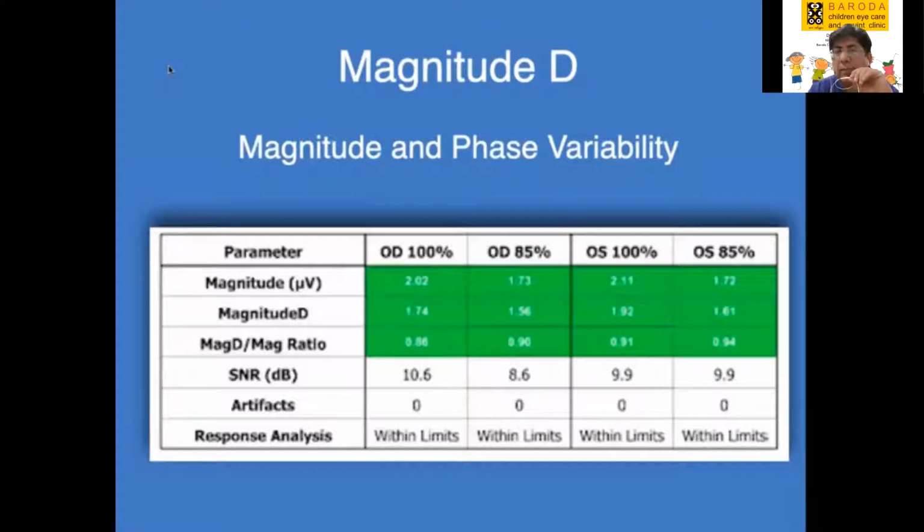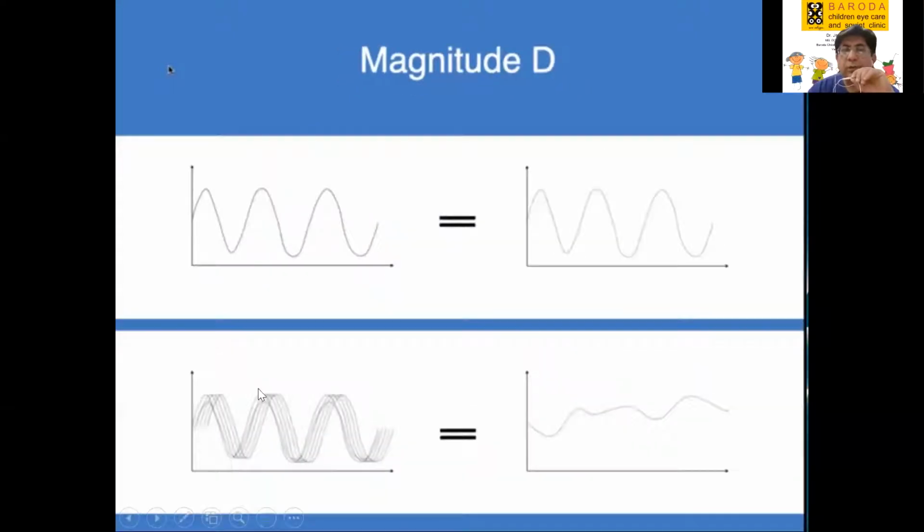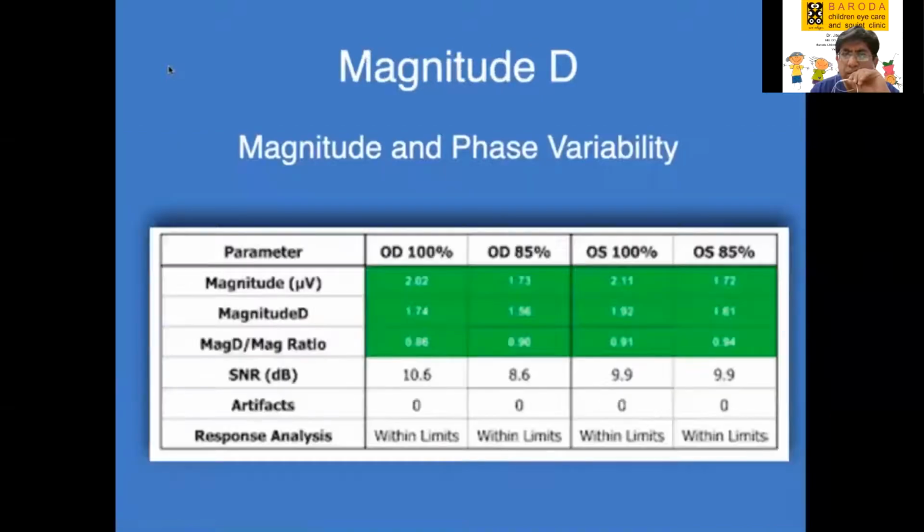1.74 tells us the amount of variability. It is basically an average of multiple waveforms. I understood, sir, but is that number in the same unit as the magnitude?